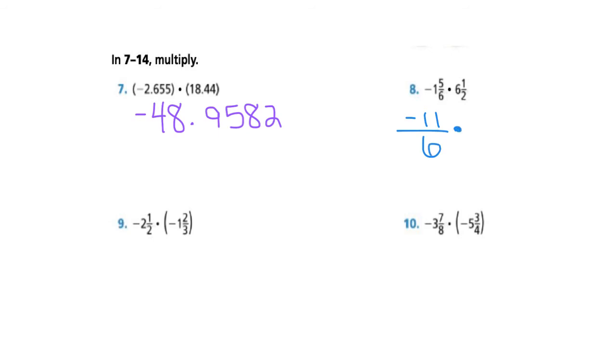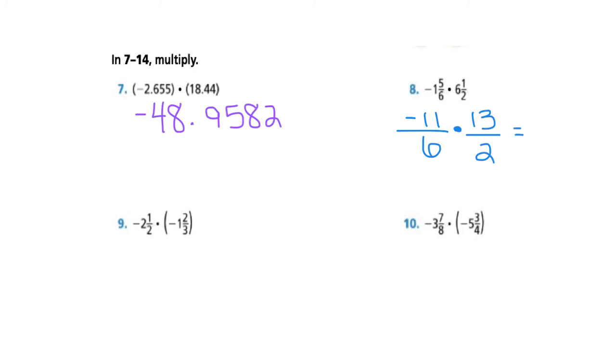And we're going to multiply that by 6.5. 2 times 6 plus 1 is 13/2. If I check for my cross-canceling, 6 and 13 do not share any common factors.